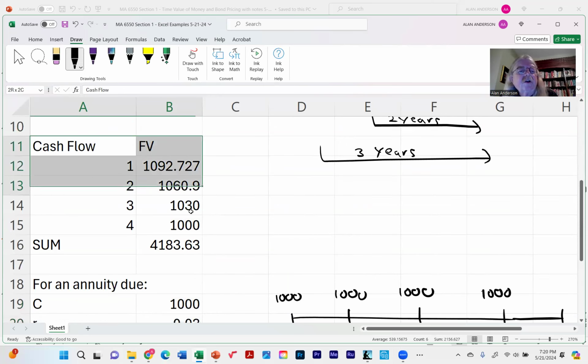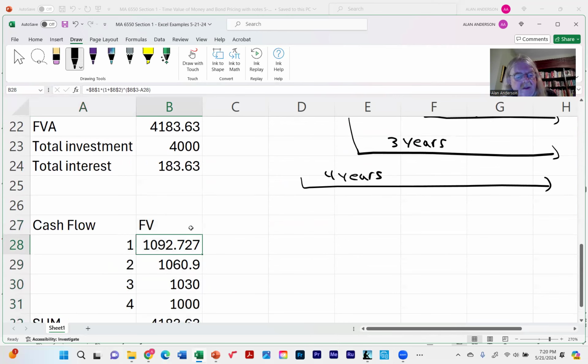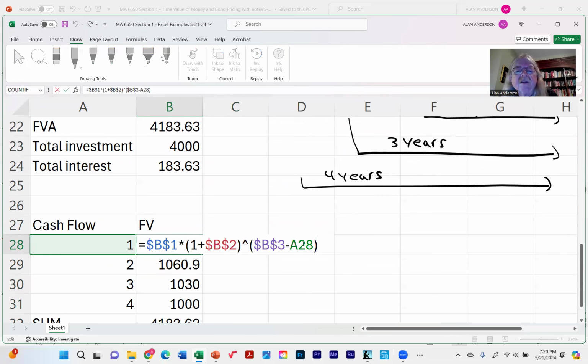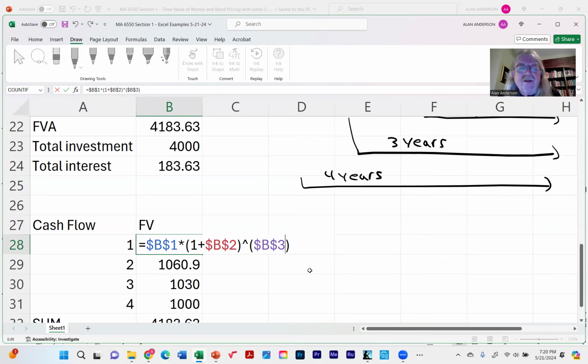So if I construct a chart like this one, I'm going to change that exponent. And instead of subtracting A1, I will just have it as that number. Actually, no. Here's what I'm going to do. Sorry.